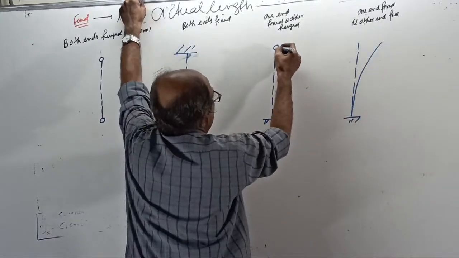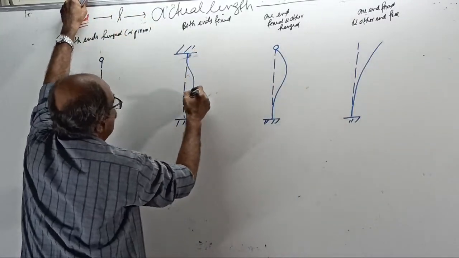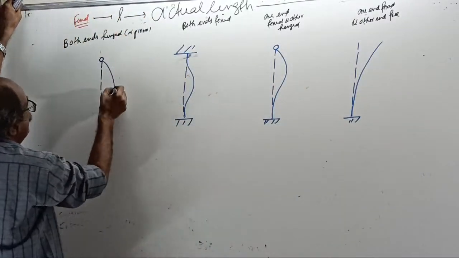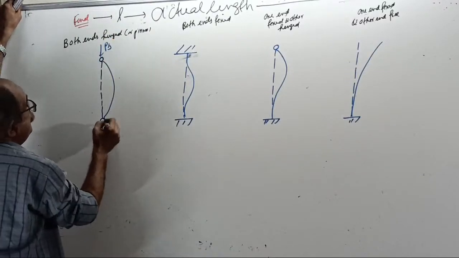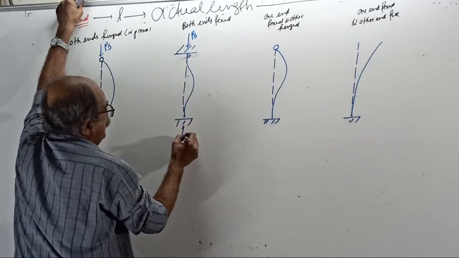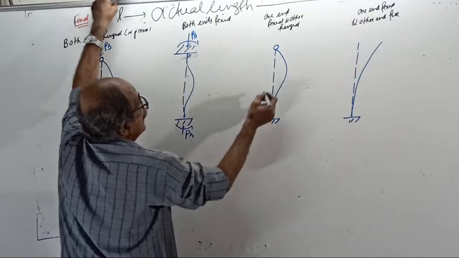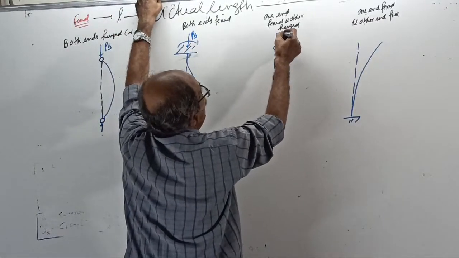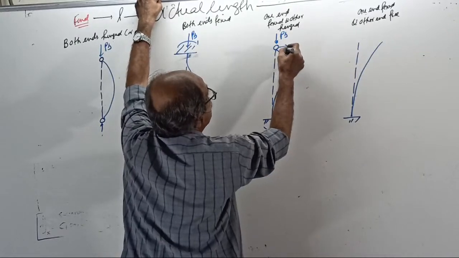Elastic curve. Buckling load PB. Of course, some moments are going to come here. Let it come. Here, buckling load PB, anti-clockwise moment, and horizontal reaction is there.